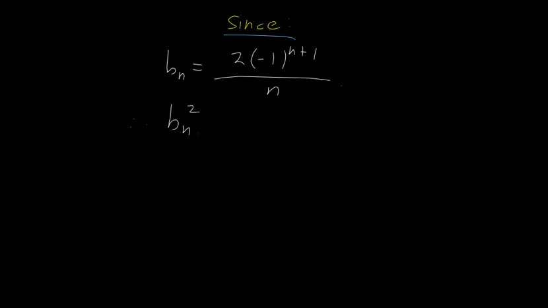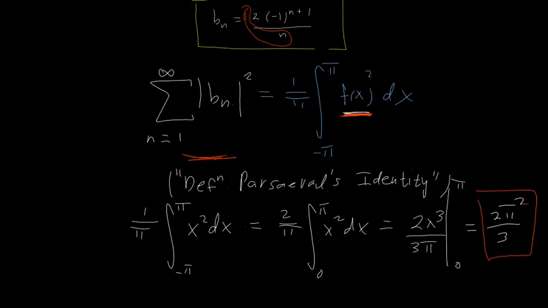Why am I looking for b sub n squared, and its absolute value, by the way? Why would I look for b sub n squared? Because that's what Parseval's identity requires.